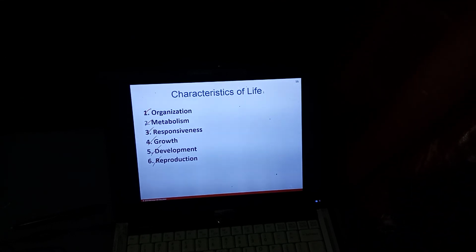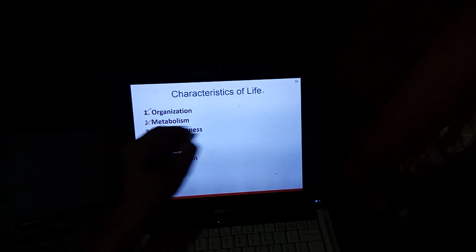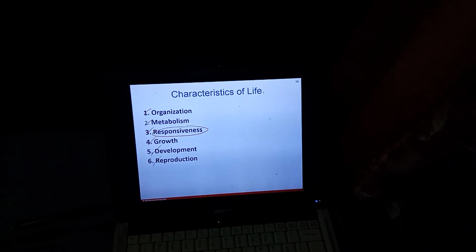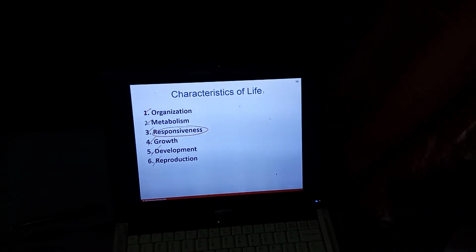It's the ability to acquire and use energy in order to support those changes. And responsiveness is your ability to sense and respond to environmental cues or environmental changes. It includes your internal and external environments.